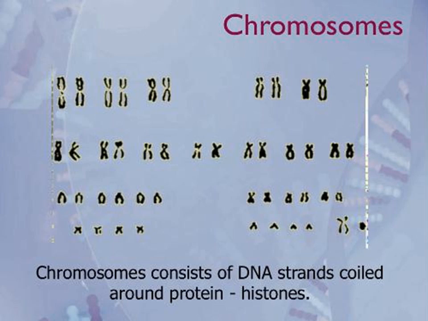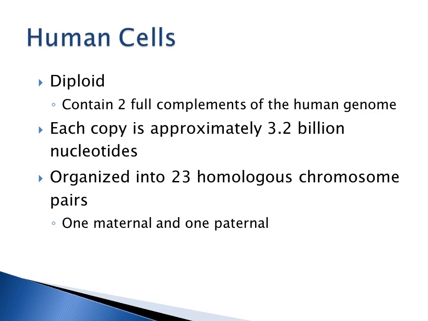So your chromosomes are your DNA strands that are coiled around histones. We mentioned histones a little while ago. Your human cells are diploid, which means there's 2 full complements of the human genome in the cell.